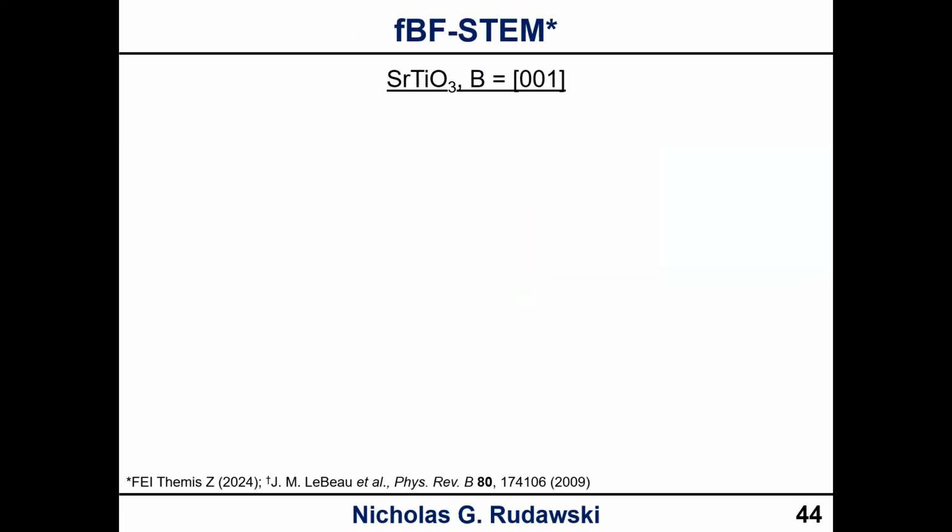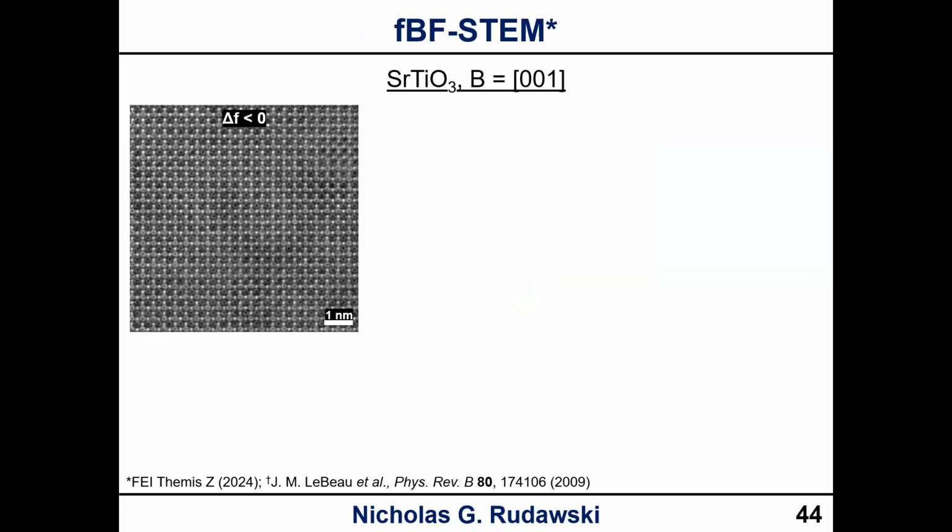Okay, so if I look at the effect of this now, false bright field STEM, as a result of the fact that I'm now collecting direct and Bragg electrons that overlap and interfere on the STEM detector, I'm now going to see sensitivity to things that I didn't see before. And one of them is the focal state.